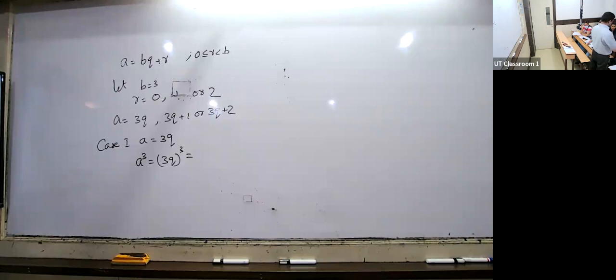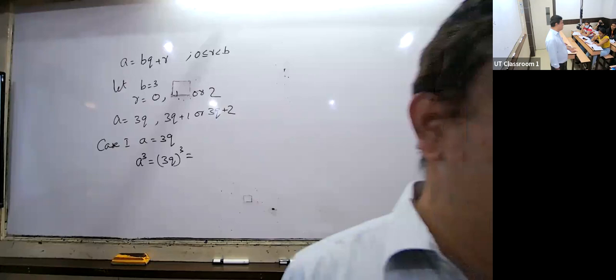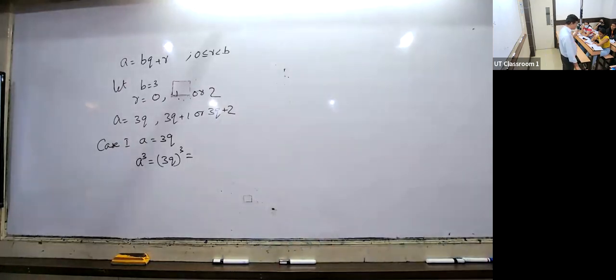A number which is a positive integer, the cube of that can be written in the form of 9m, or 9m plus 1, or 9m plus 8. Understood or not?